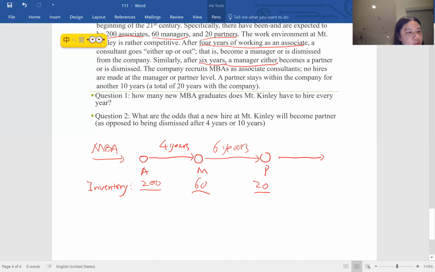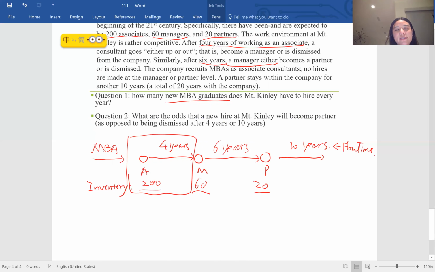And also we can treat the 4 years, 6 years, and 10 years as the flow time. So how many new MBA graduates? We can treat this as the flow rate for this small system.